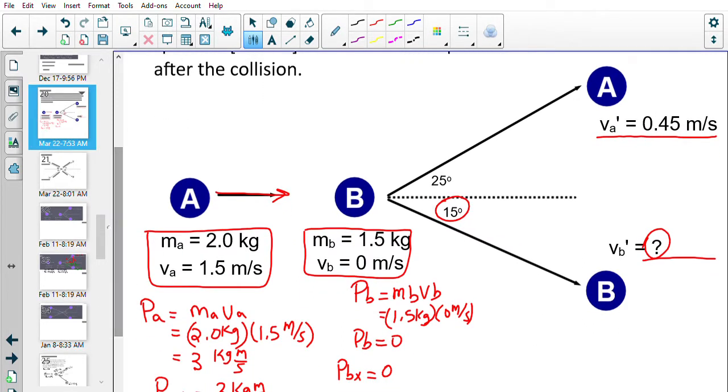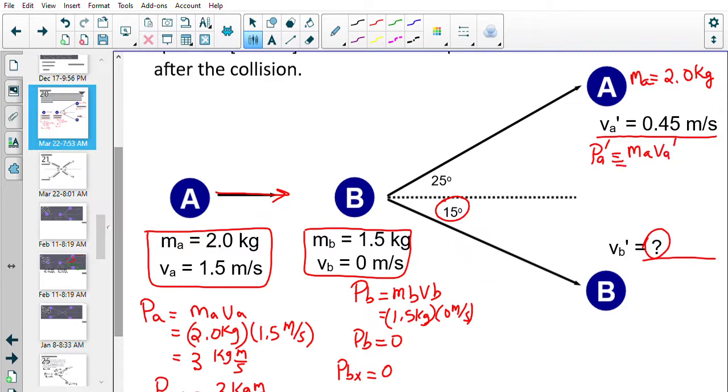We know that the mass of A up here is still 2 kilograms. So I can get the PA prime, the momentum of ball A afterwards, by doing MA VA prime.